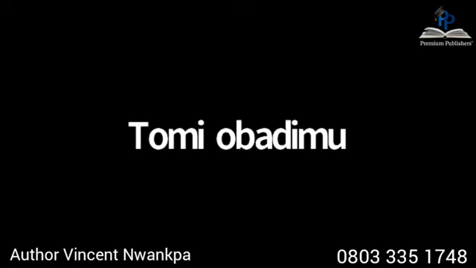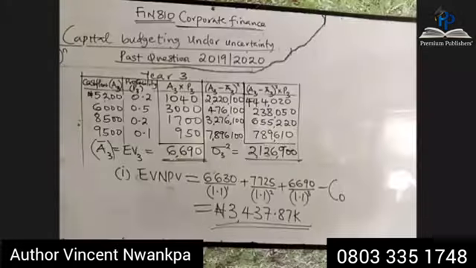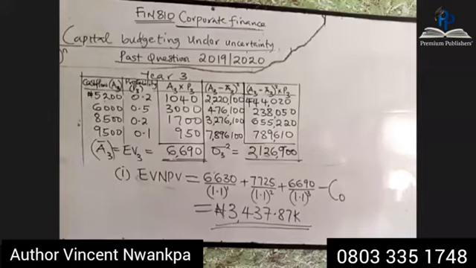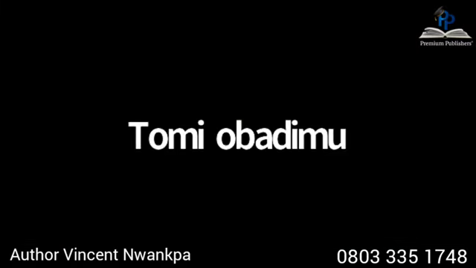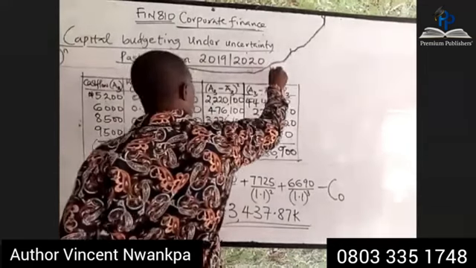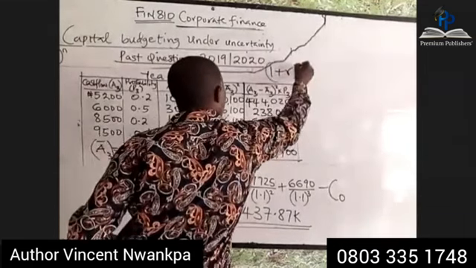Sorry, sir. Please, how did we get 1.1 there? As usual, our formula is always 1 over 1 plus r raised to power n. You will see here, 1 plus r raised to power n.